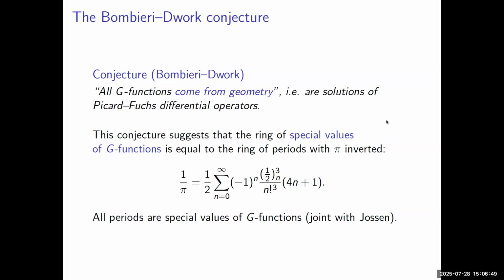And ultimately, this is the reflection of the existence of some Hodge loci in a family. So this one expresses, for example, an algebraic relation between periods of elliptic curves with complex multiplication. And so that's the conjecture.